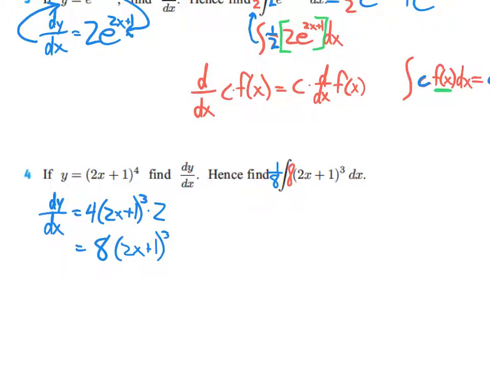Now I can say that the integral is 1/8 times, what's the integral of 8 times (2x plus 1) to the third? (2x plus 1) to the fourth, plus c.